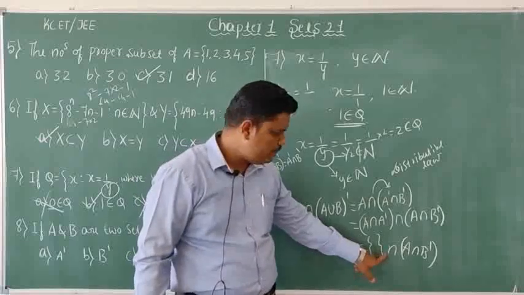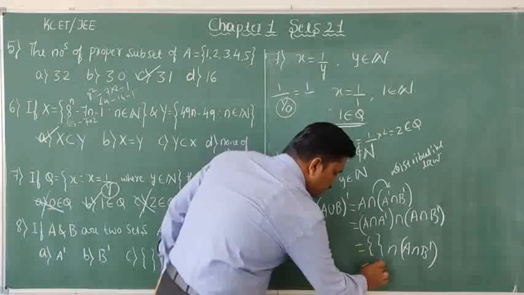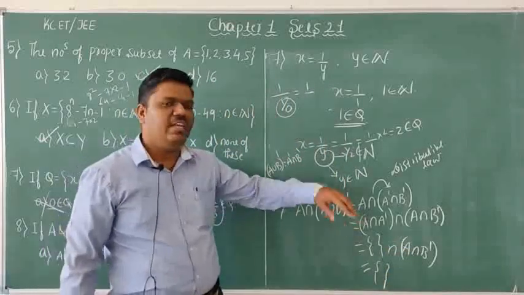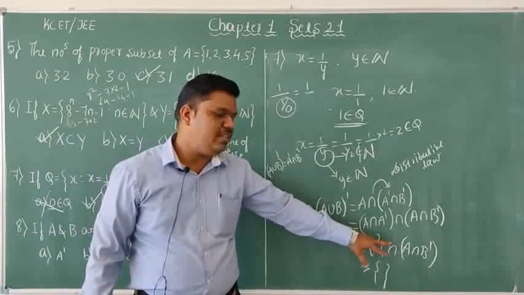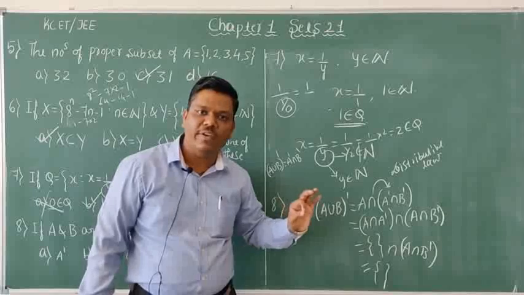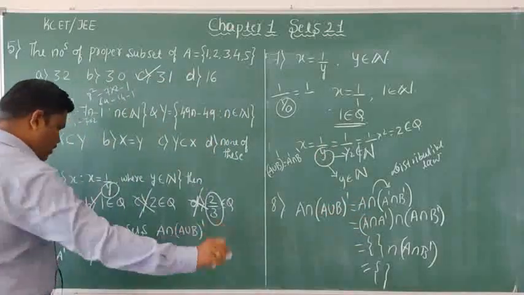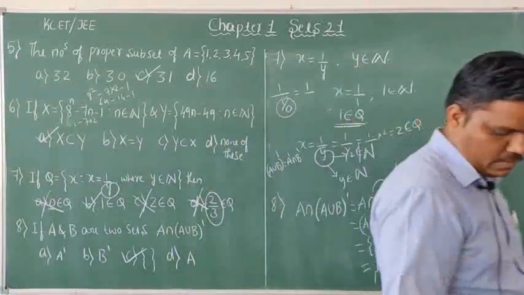Here the empty set intersection this set is always empty. The intersection of the empty set with any set is always empty. Therefore, option C is the right answer. First video, note it down.